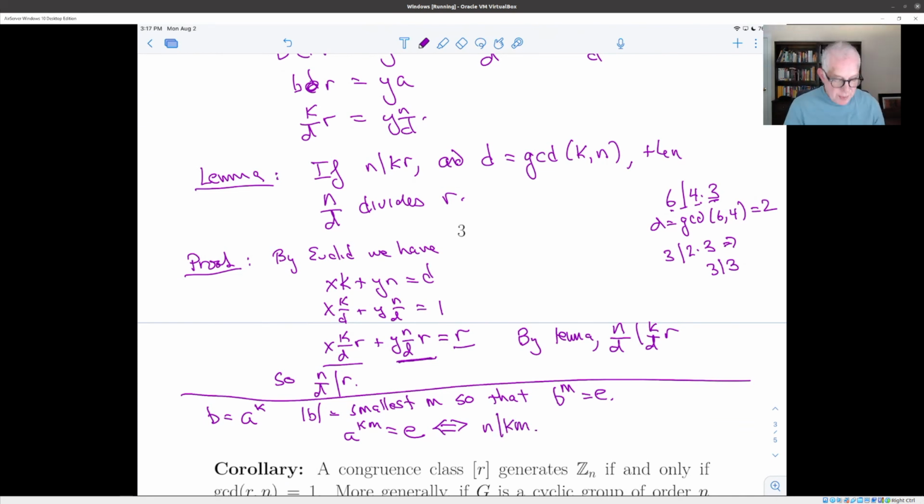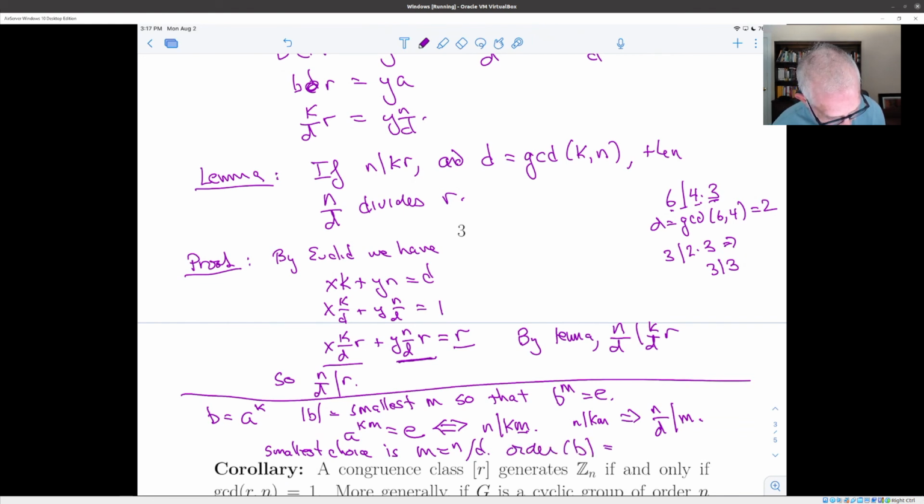And we want the smallest power M so that N divides Km. But N divides Km by the previous result means that N over D has to divide M. And so the smallest choice we can make is M equals N over D. And that tells us that the order of B is N over D.